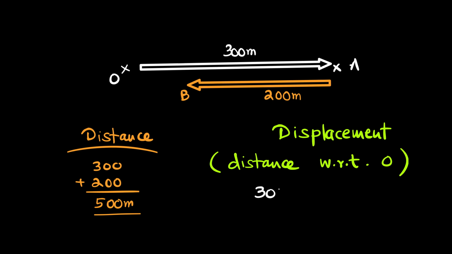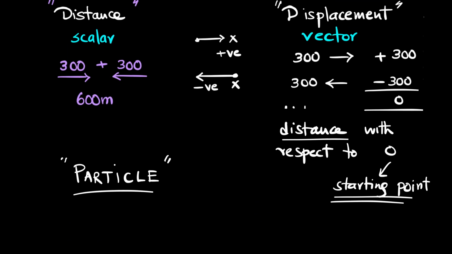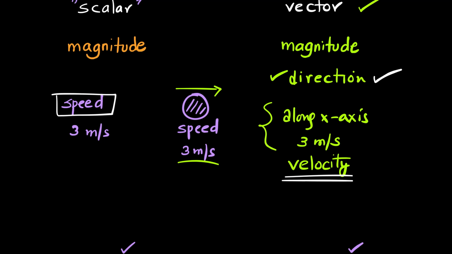I'll say 300 is positive, and we will add to it 200 meters, which is negative displacement because it's in the opposite direction. So when I add these two up, because of the negative sign, it adds up to plus 100 meters. That is the distance with respect to the origin, which is this. So this explains the difference between vector quantity and scalar quantity.